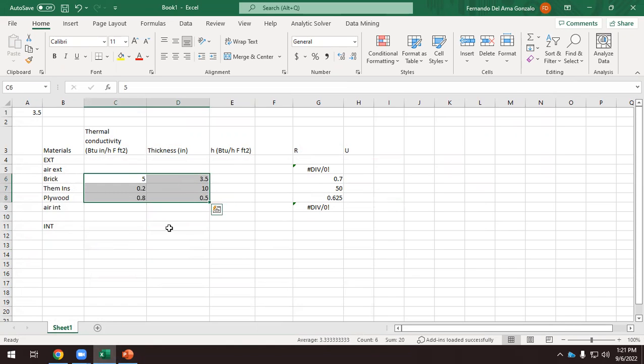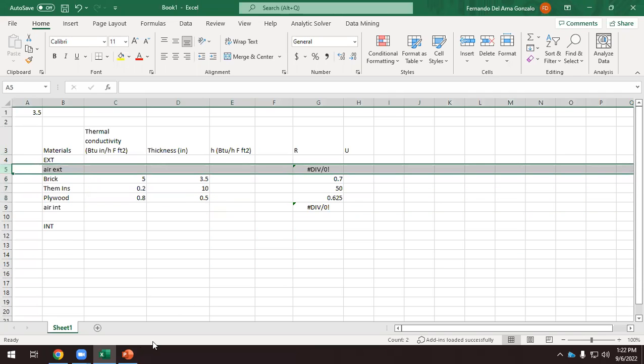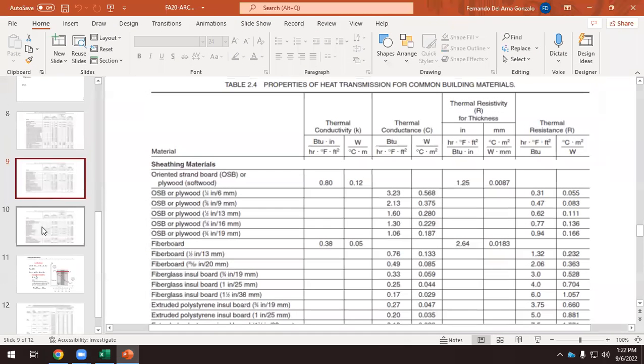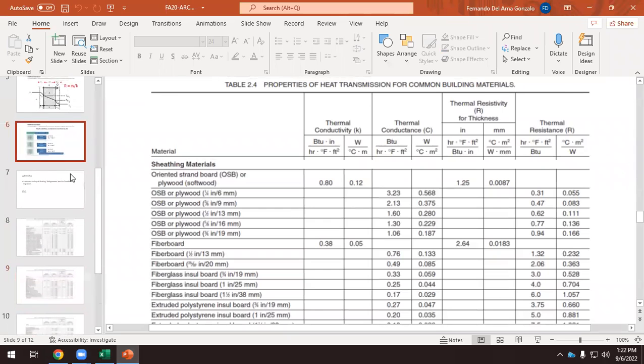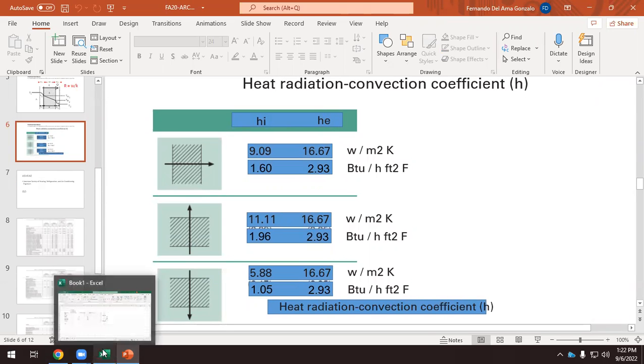materials. Now we have to do something with the air, the internal and the external air. So we need to go to another table. We have this one. And we have interior and exterior. We need different tables for this.